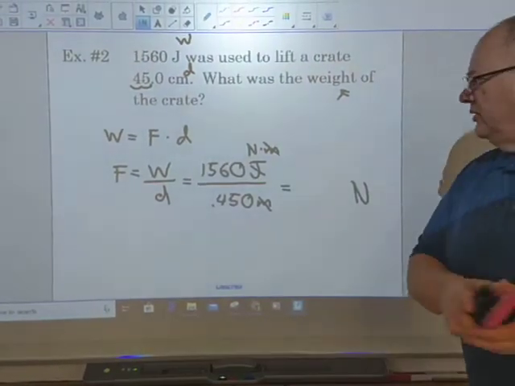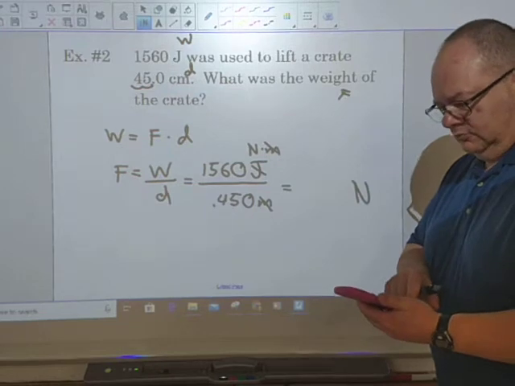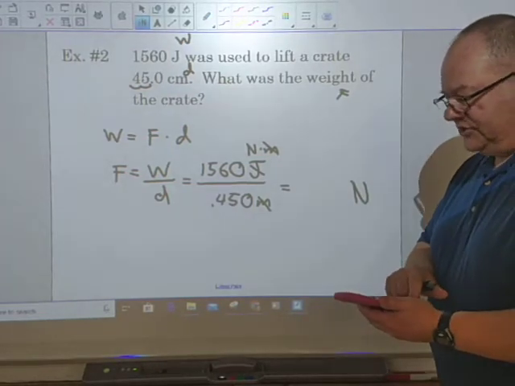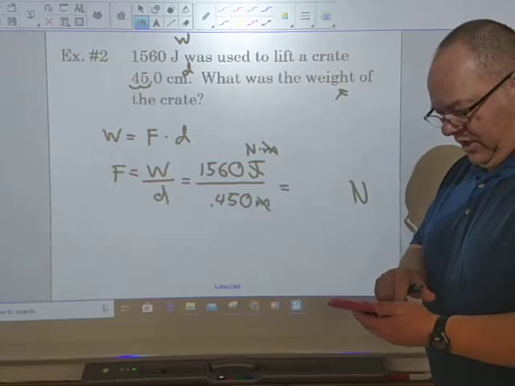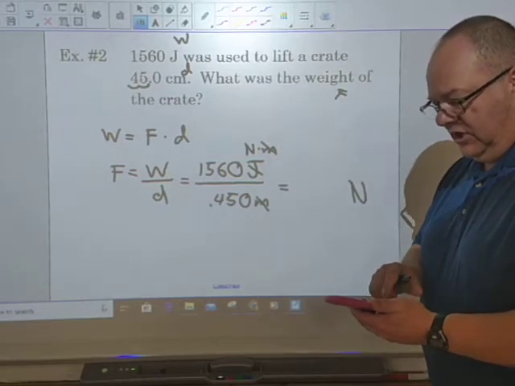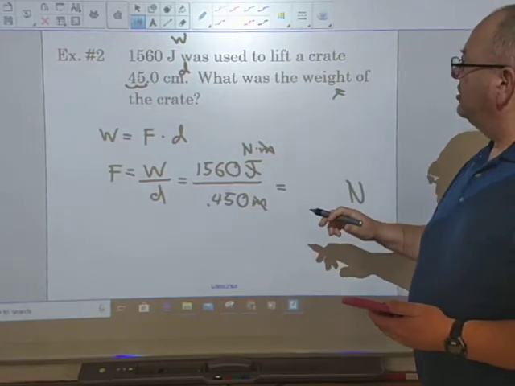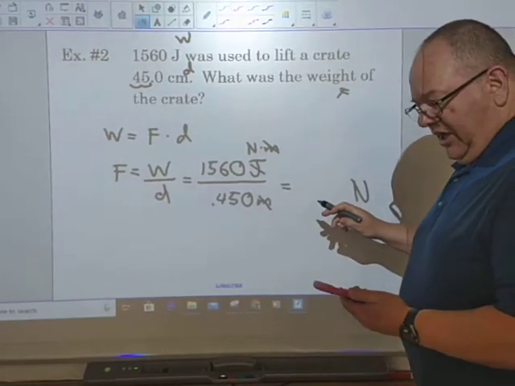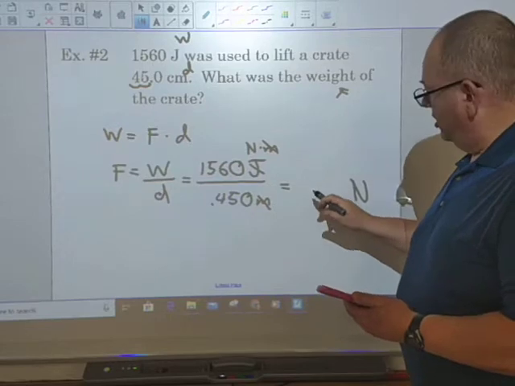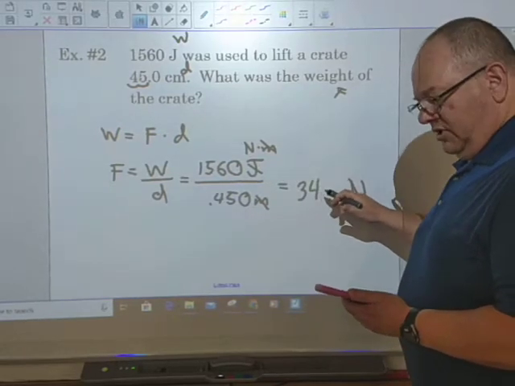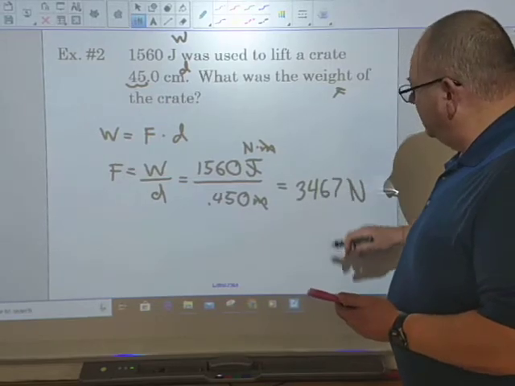We grab our calculator. 1,560 divided by 0.45 equals, this crate had a weight of 3,467 newtons.